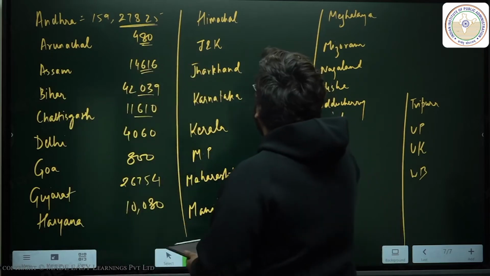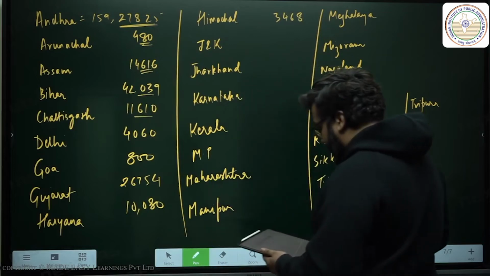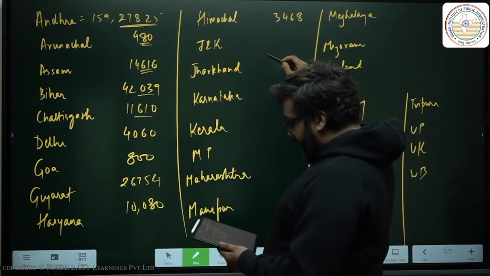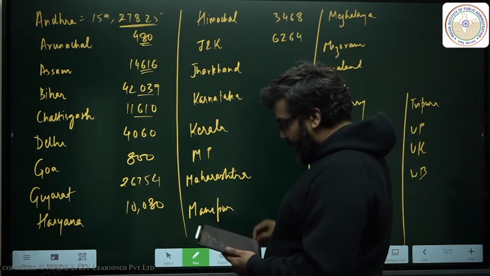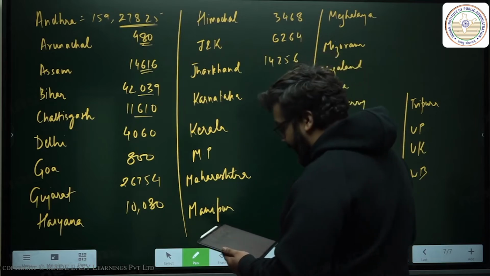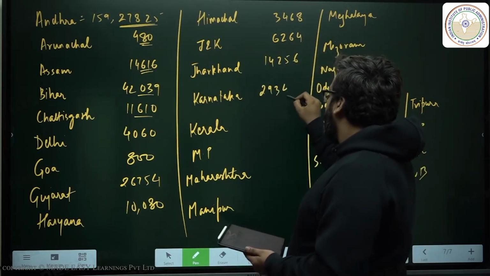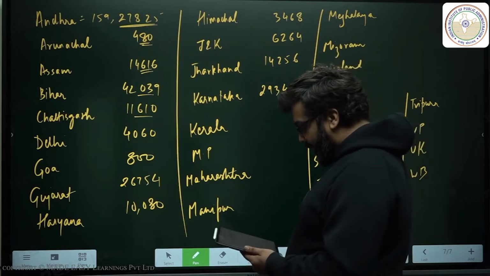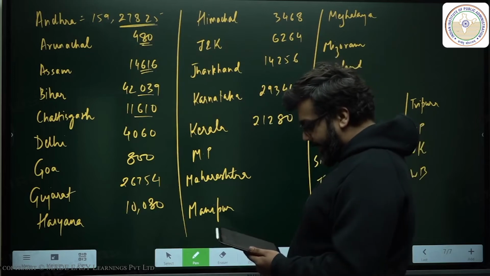Himachal, छोटू प्रदेश, 3,468. JNK, 6,264. Jharkhand, 14,256. Karnataka, 29,344. Kerala, 21,280.